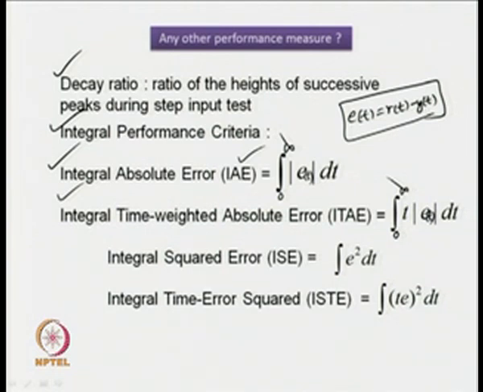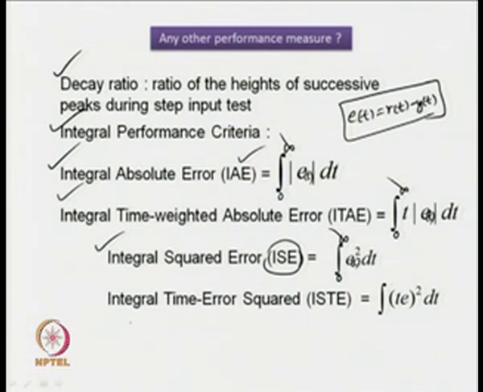Another performance criterion is integral squared error, often abbreviated as ISE and given as integration from 0 to infinity of e squared(t) dt.